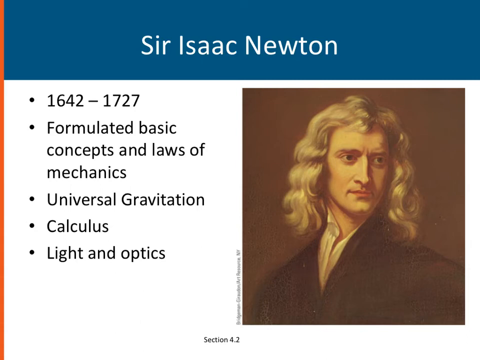In addition to that, he came up with a universal theory of gravitation. He made many contributions to calculus. He pretty much created the entire idea of calculus, and he also did a lot of work in light and optics. So a lot of what we're going to do in this course comes back to this guy, Isaac Newton.